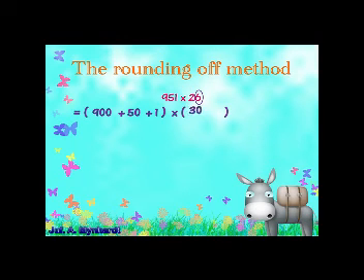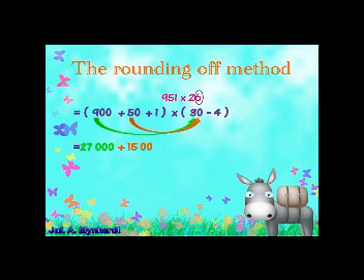Alright, and how much do I need to subtract from 30 to get to 26? It's minus 4. Alright, so then I'm going to multiply my three numbers with my first number. So it's 900 times 30 is going to give me 27,000. Then my 50 times my 30 is going to be plus 1,500, and my 1 times 30 is plus 30.